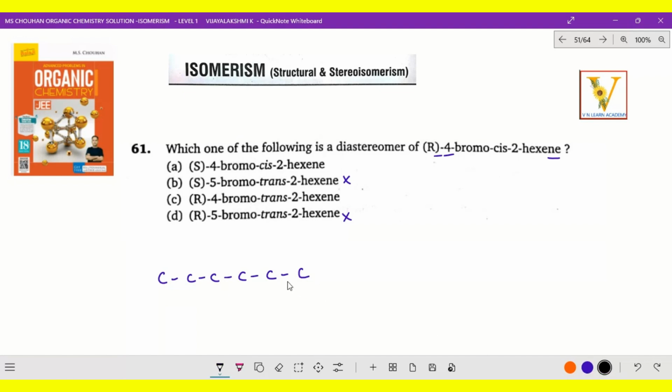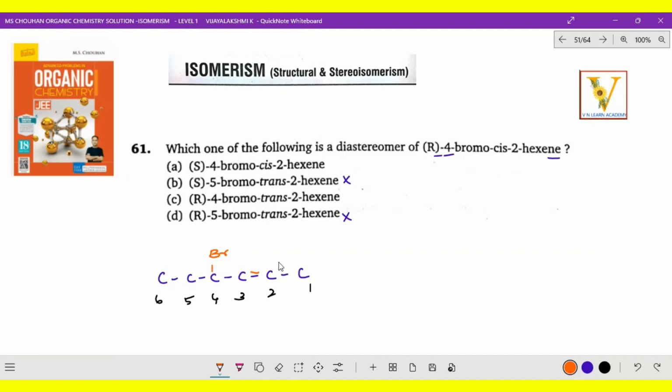So here 1, 2, 3, 4, 5, and 6. In that, the double bond will come over here. Now the fourth carbon is having bromine, right?